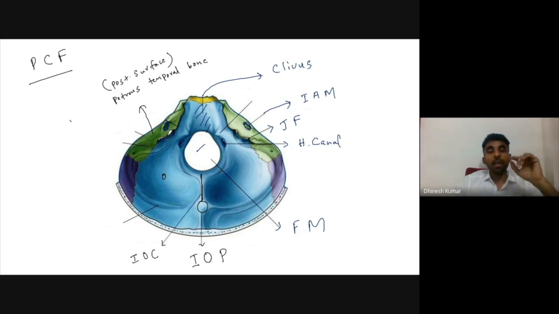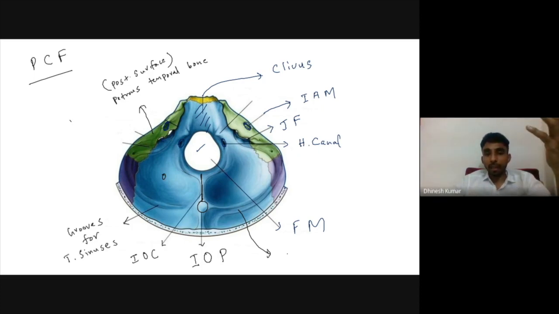Fine. And on either side of the internal occipital protuberance, do you see the two grooves? These two grooves are the grooves for the transverse sinuses. These impressions or grooves are produced by transverse sinuses, both sides. And you know the transverse sinus will be continuing as what?